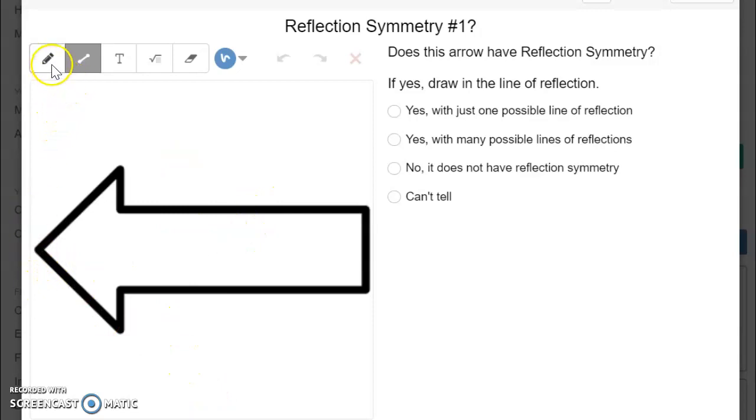But what if I folded it over from here to here? It would. So pretend I'm folding along this line, it would just match up from the top and right, and it would match up perfectly. So that's what we call reflection symmetry. So it has one possible line of reflection.